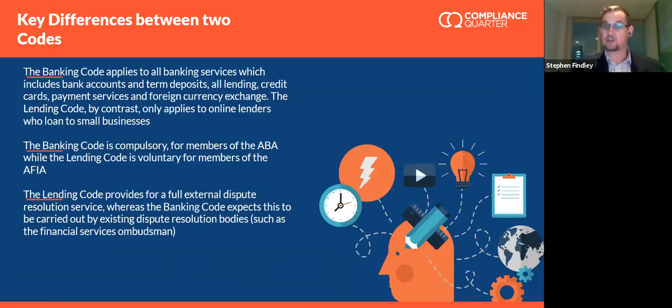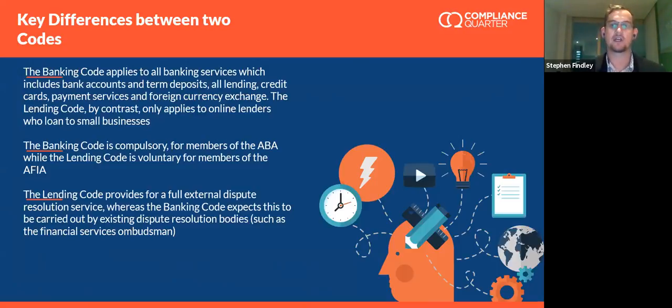Now, I just mentioned that the lending code provides for a full external dispute resolution service. So whether or not the individual lender is signed up to an external dispute resolution body, the customer will still have the ability to take complaints to the CCC, the Code Compliance Committee. There's no special dispute resolution body that banks are required to sign up to as part of the banking code.